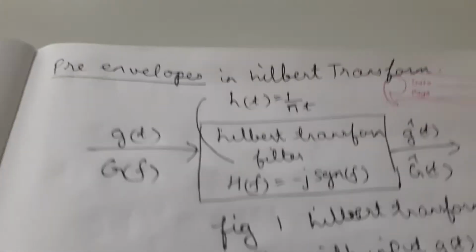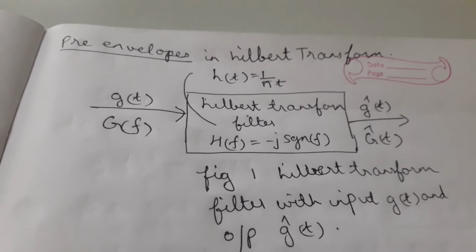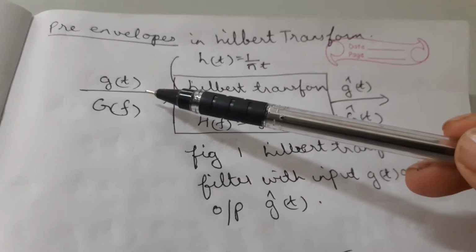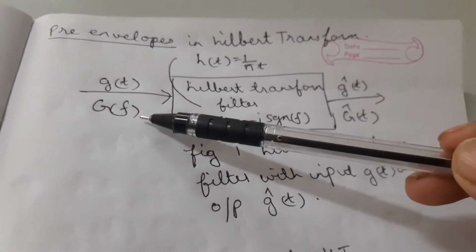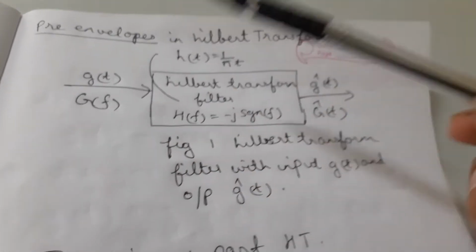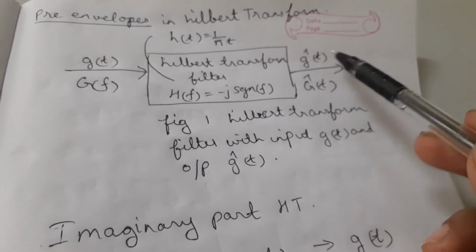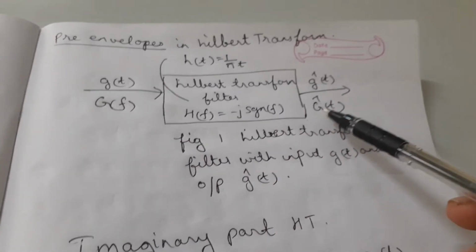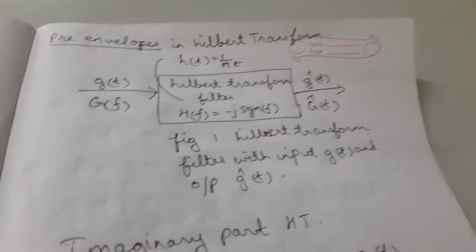Now you see this figure. You can see that g of t is going to g cap of t, and G of f is going to G cap of f.